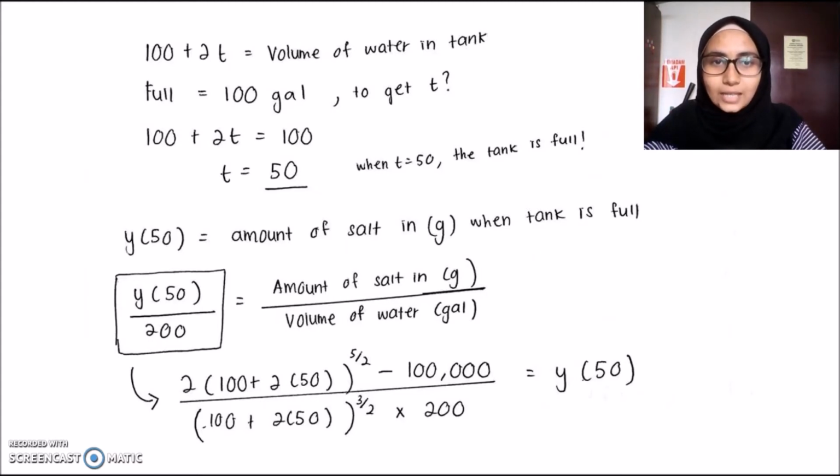To get the time taken, we substitute the volume when the tank is full, which is 200 gallons, into the equation 100 plus 2t. So we get t which is 50. Then to get the concentration, we substitute the 50 into the equation that we got from the previous slide.